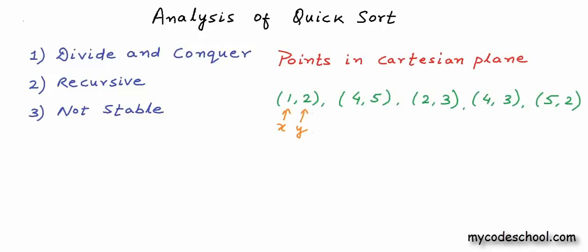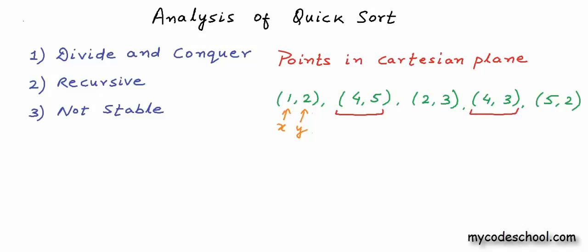For example, let's say we want to sort a list of points in Cartesian plane. Each record in the list here is a pair of integers. First integer is x coordinate and second integer is y coordinate. And let's say we want to sort in increasing order of x coordinate. We have two records here with equal x coordinate.